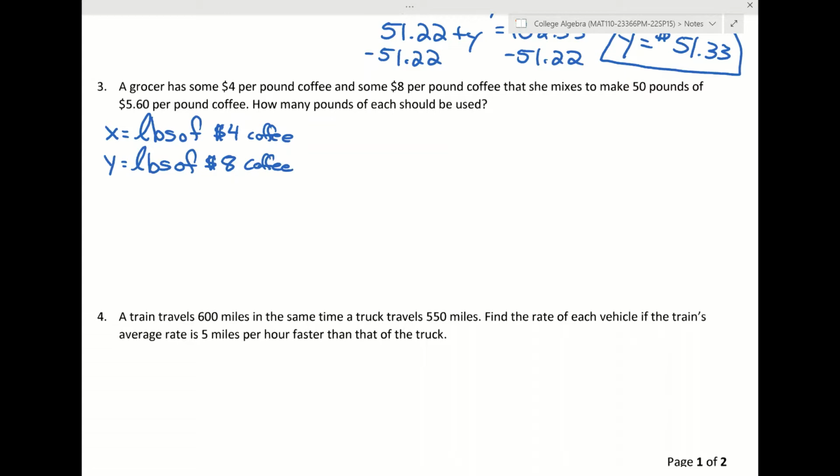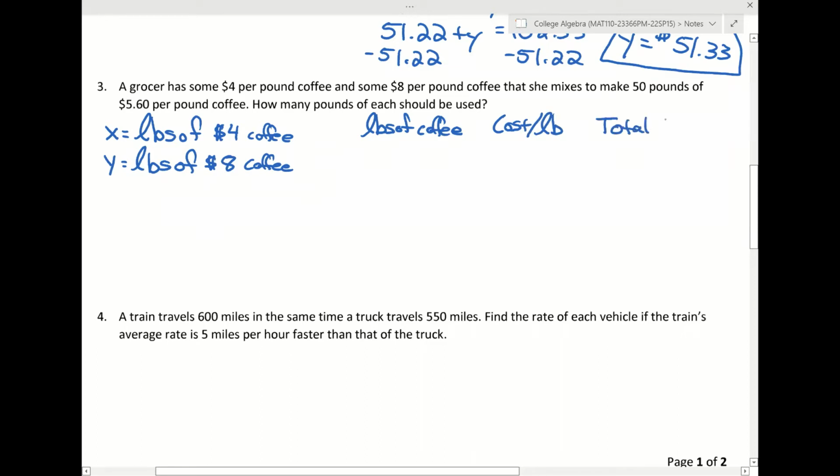The table for something like this would look like we'd have so many pounds of coffee. We'd also have the cost per pound, and then we'd get a total cost.